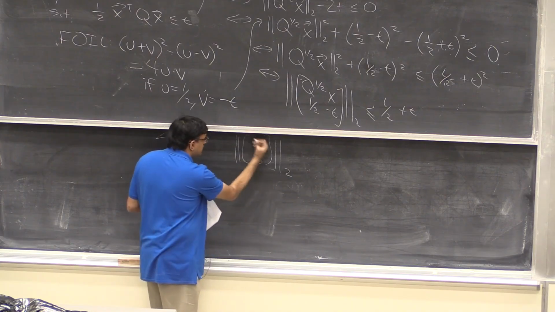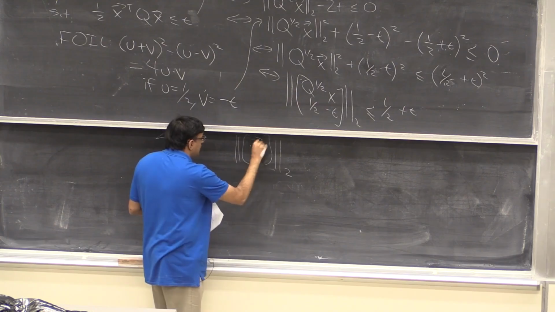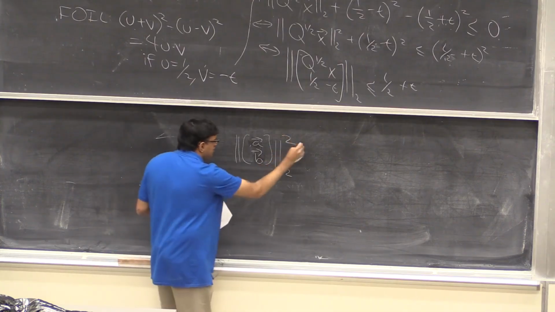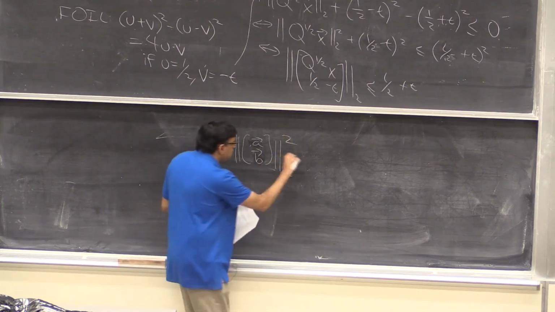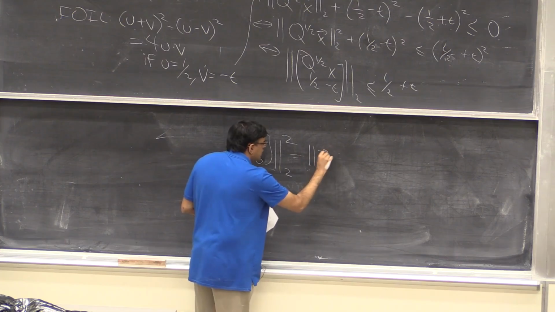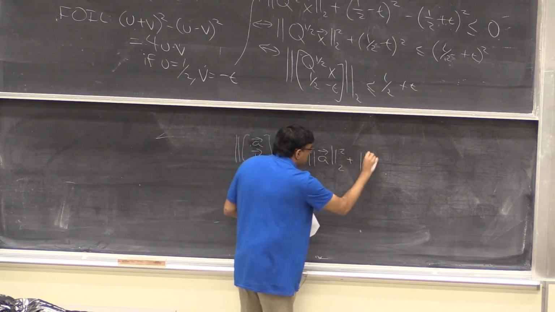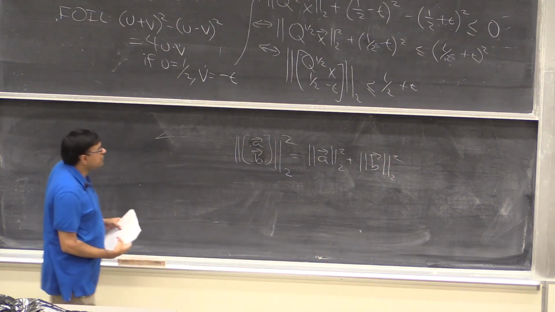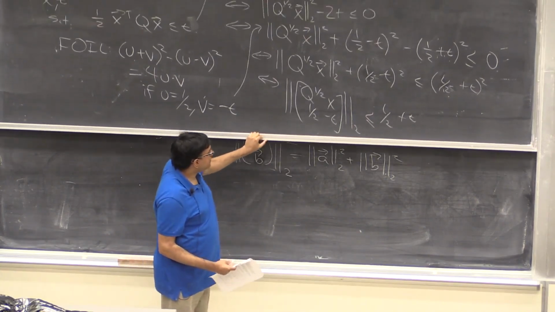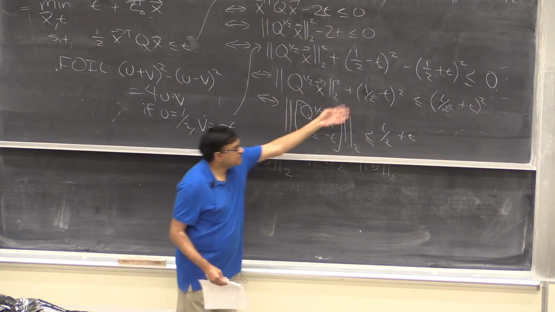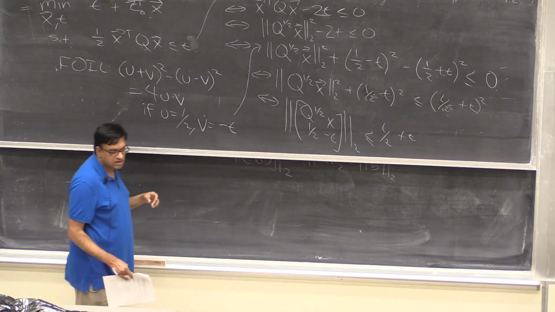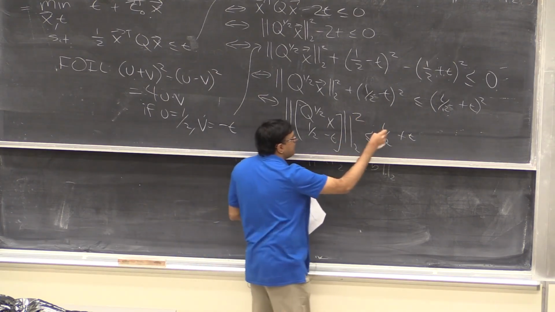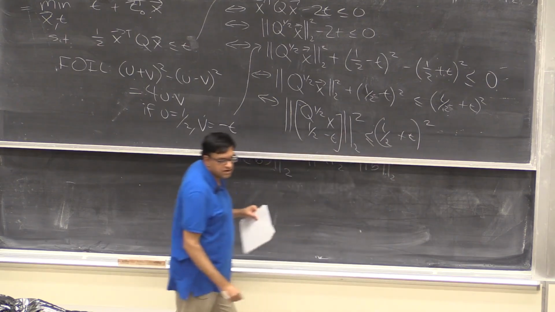If you have a block vector, let's say, even in this context, A and B, and you take its 2 norm squared, it is equal to the norm squared of A plus the norm squared of B. Okay? And if you just apply the same thing here, the first entry, norm squared. Second entry, it's a scalar, but you take its square. And so what you get is, well, you can write it like this. Okay, if that makes it easier.